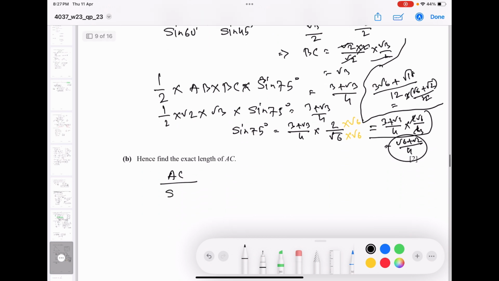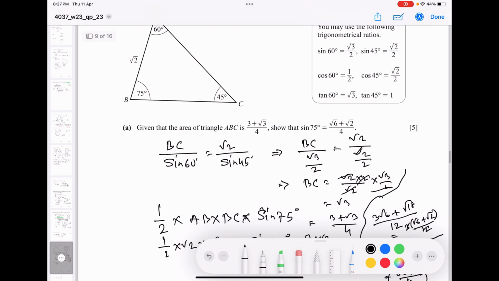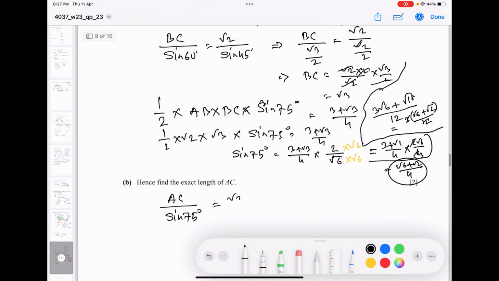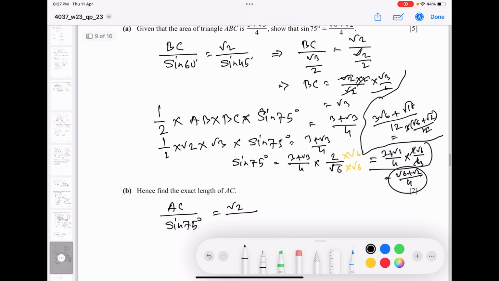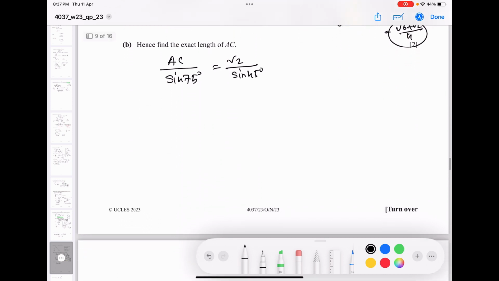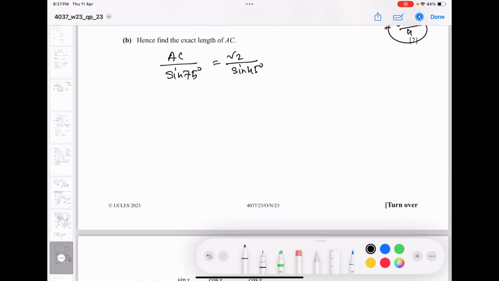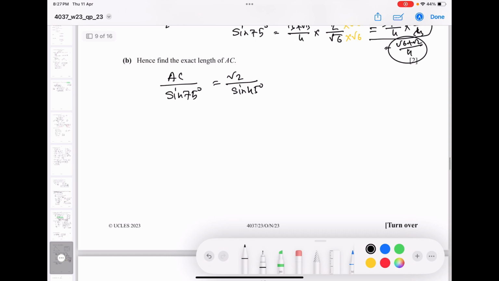Sine 75, root 2 divided by sine 45. Okay, now this will be very helpful for us to solve. So AC equals root 2 divided by 2 sine 75.